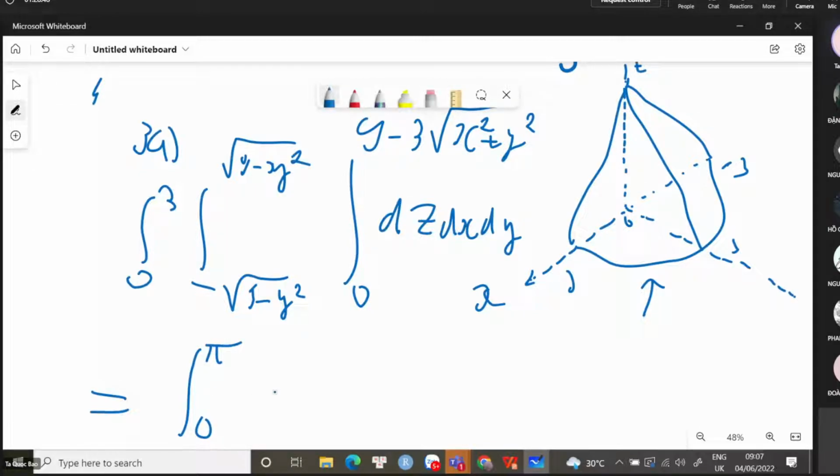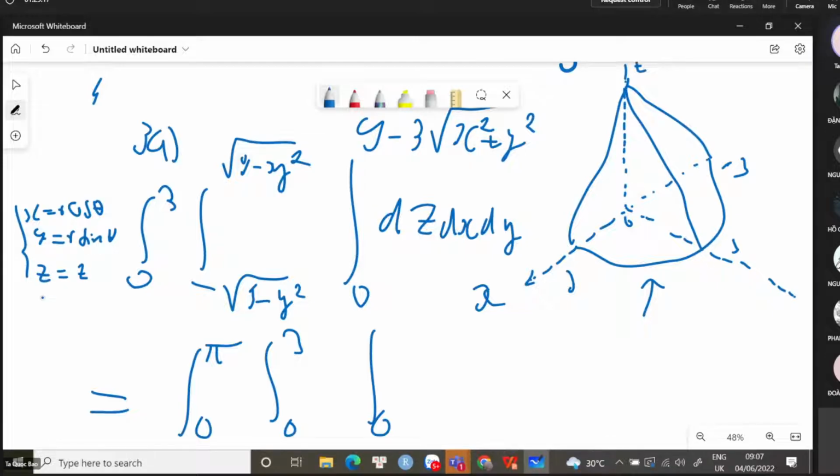Okay, and r from 0 to 3, because here x is r cosine theta, and y is r sine theta, and z equal to z, cylindrical coordinate.